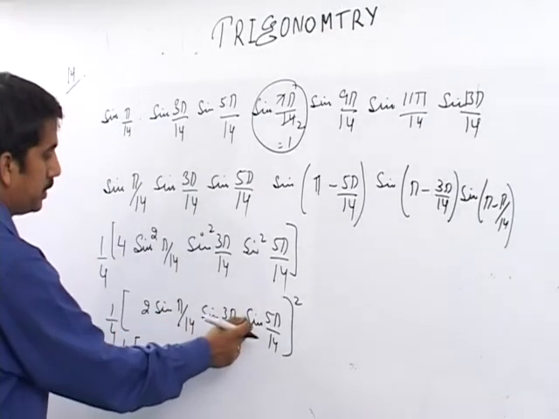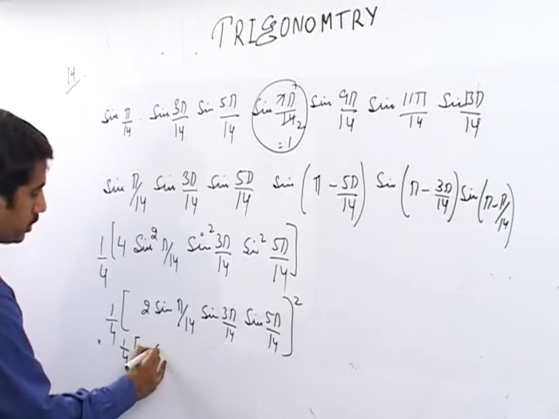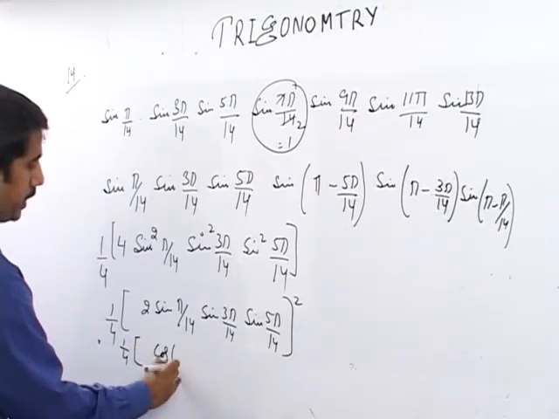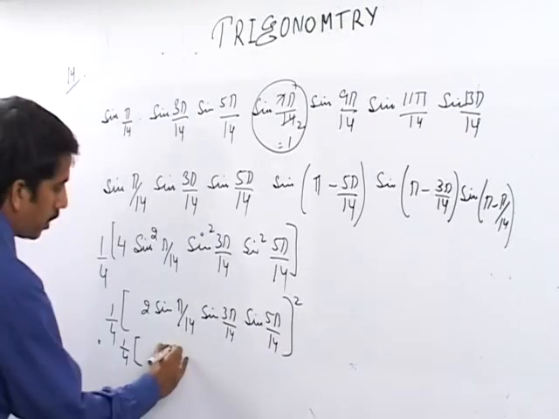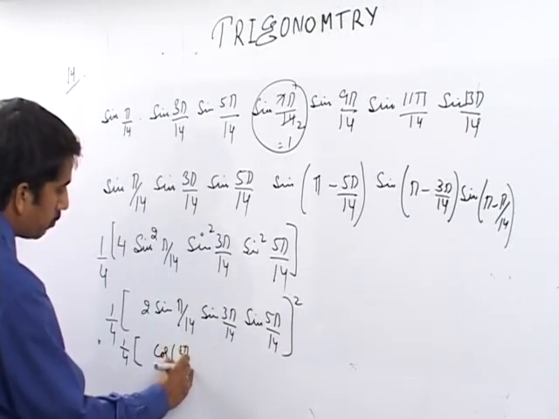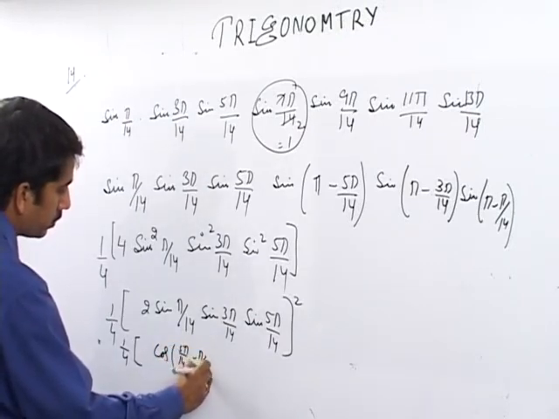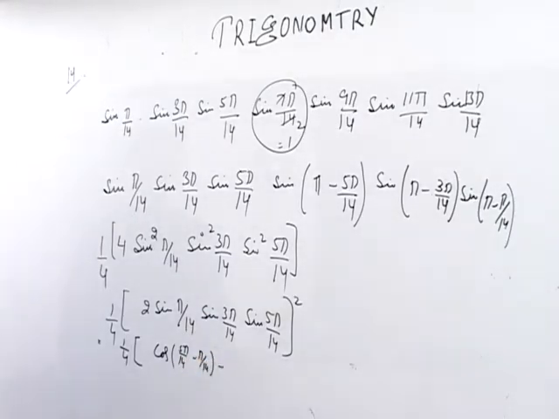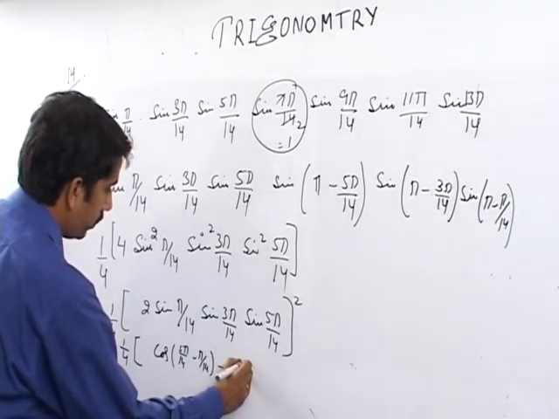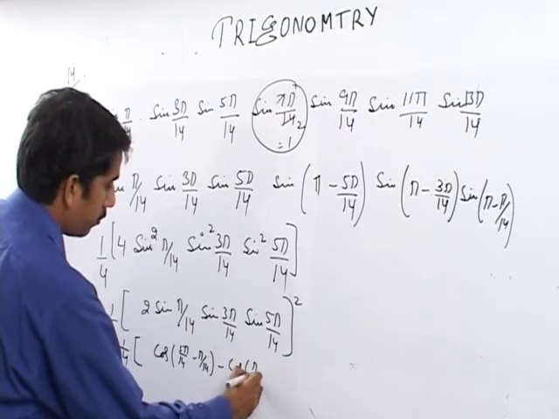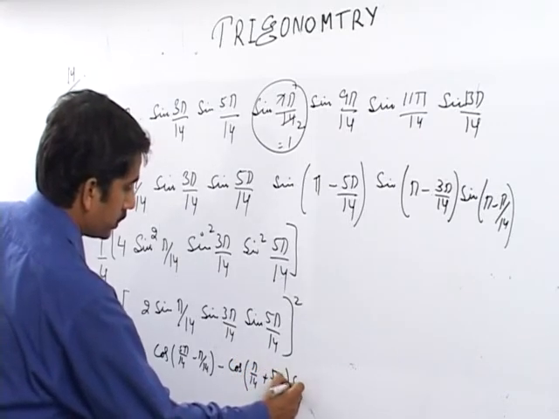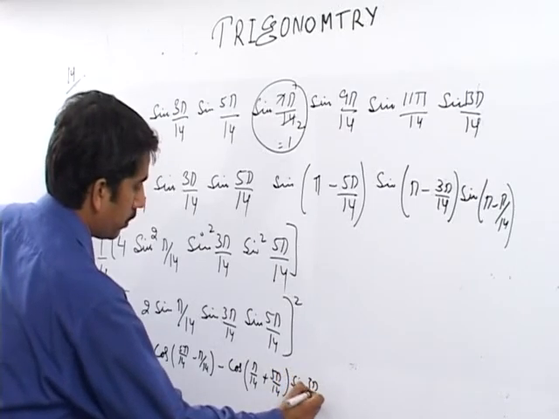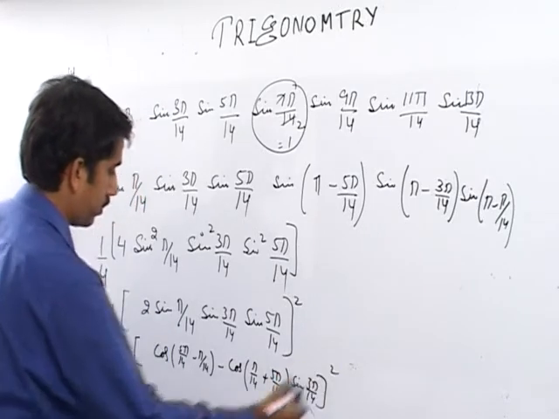2 sine A sine B is equal to what? This is equal to cos of A minus B. If we take A as 5 pi by 14, then 5 pi by 14 minus pi by 14, minus cos of A plus B, pi by 14 plus 5 pi by 14, whole into sine of 3 pi by 14 and whole square.